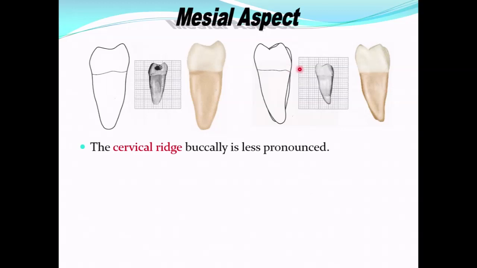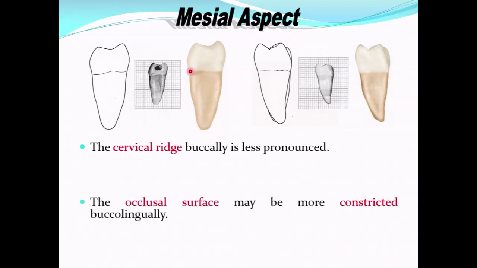Look at the cervical ridge. The buccal cervical ridge is less pronounced here than there. So the buccal cervical ridge of the first molar is more pronounced than that of the mandibular second molar, while here the cervical ridge is less pronounced.